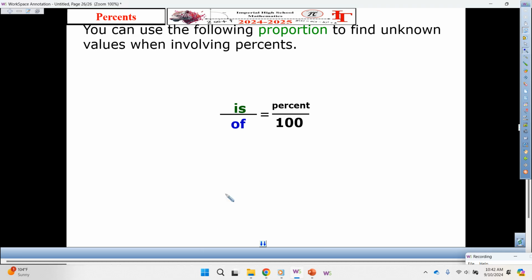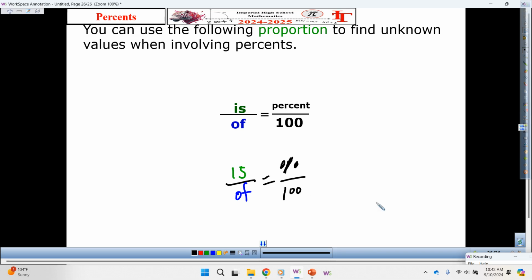Let me write it again. Is over of equals percent over 100.